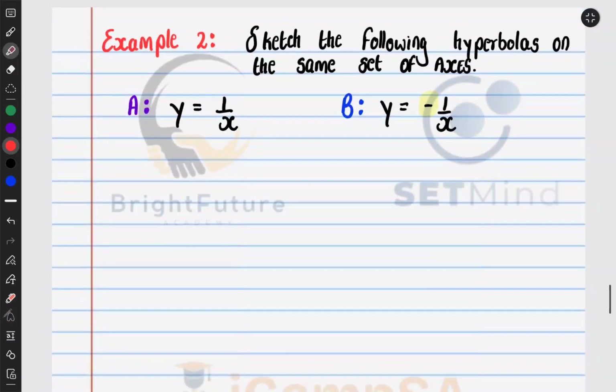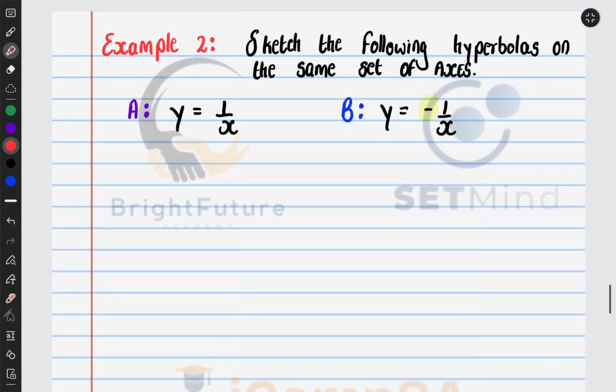Now let's go ahead and sketch these two functions and see what happened. Let's start by selecting a few x values that we're going to use to sketch this function. We're going to select -2, -1, -0.5, 0, and then half, 1 and 2. Let's find the corresponding y values for the a function.